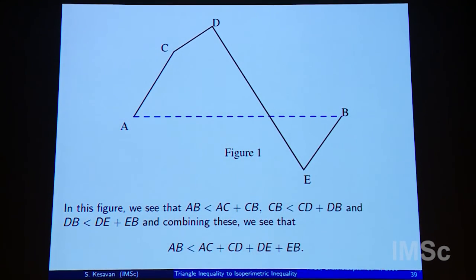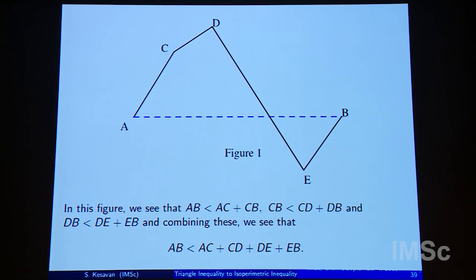In this figure, from the triangle inequality, AB is less than AC plus CB, right? Similarly, CB is less than CD plus DB, and DB is less than DE plus EB. Add up all these, and you get AB is less than AC plus CD plus DE plus EB.